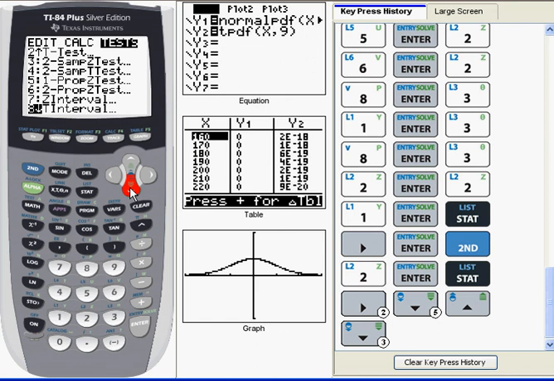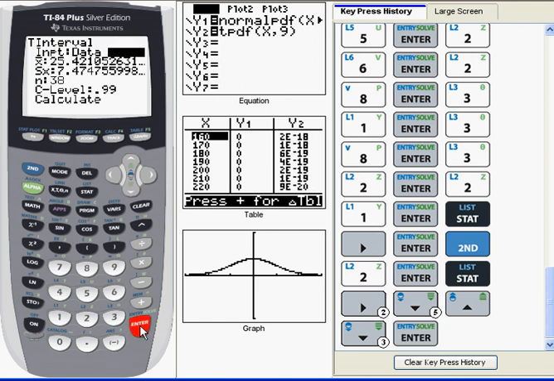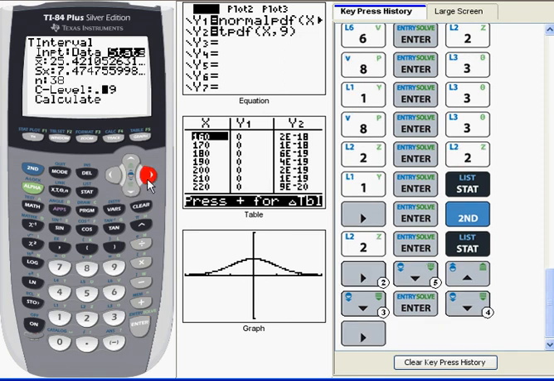So I hit enter. And the information from the last one variable statistics you did is already in there, which is really pretty neat. In other words, when you do one variable stats, the calculator automatically populates this information into the t-interval and z-interval stuff. So I'm going to go down to the conf level, change that to 0.95, and hit calculate.